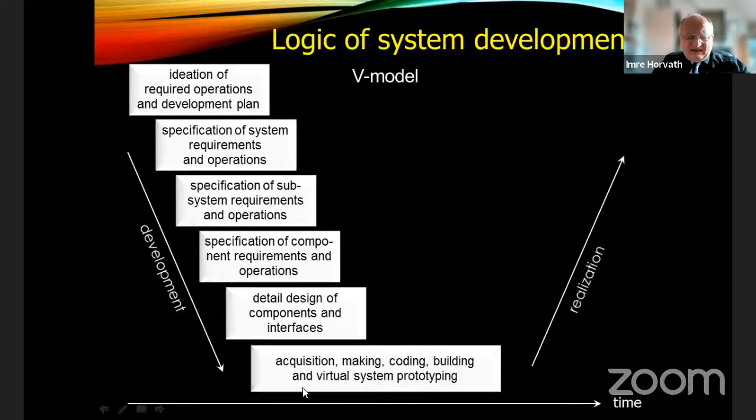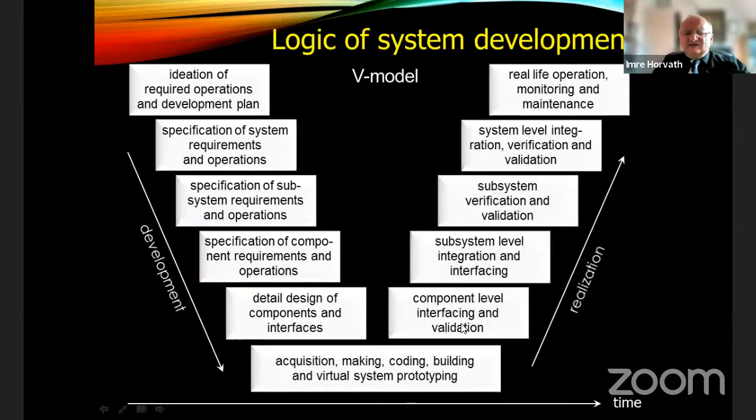Then there is an implementation stage in which acquisition, making, coding, building, and virtual prototyping of the system components and subsystems are done. The system realization goes from the bottom to the top, while the development started from the top.